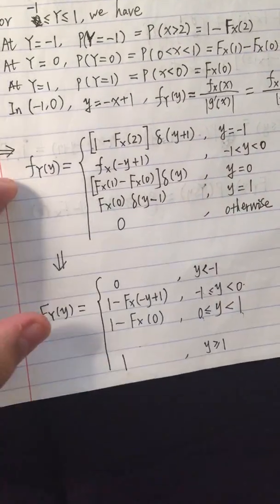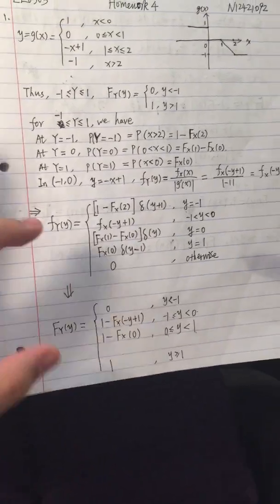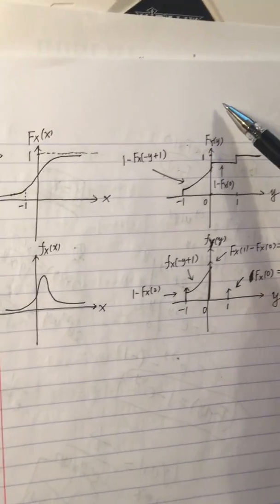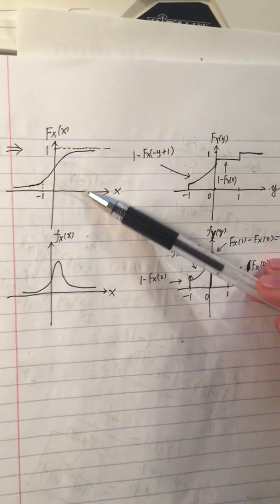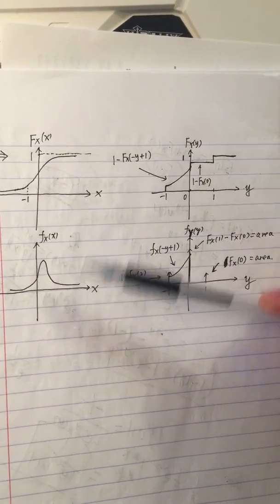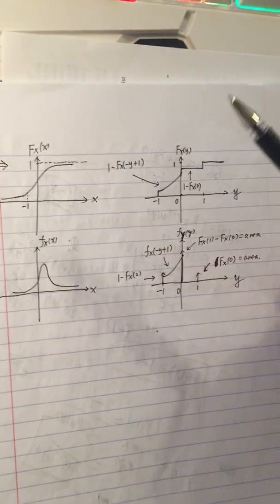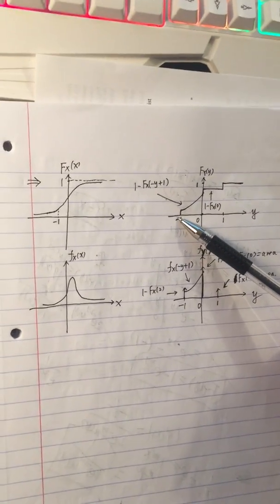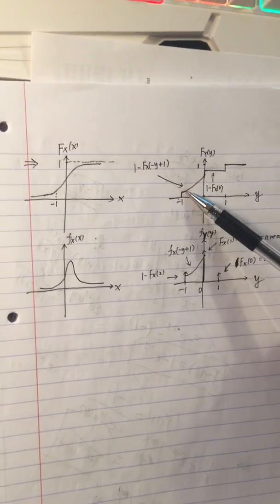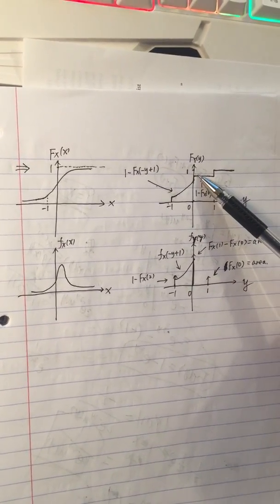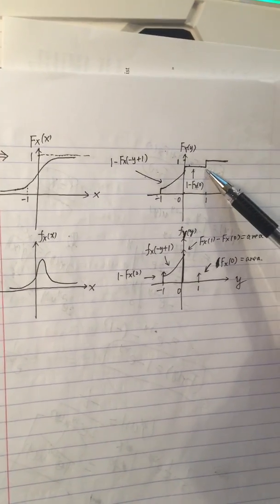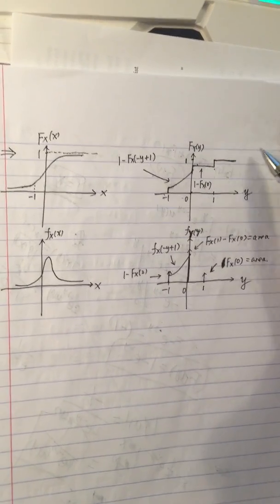So after that, getting these two, we can draw the graphs like this. First, f_X(x) and F_X(x) are given. After that, F_Y(y) is like this: from minus infinity to minus 1 is 0, from minus 1 to 0 is 1 minus F_X(minus y plus 1), from 0 to 1 is 1 minus F_X(0), and from 1 on it is 1.